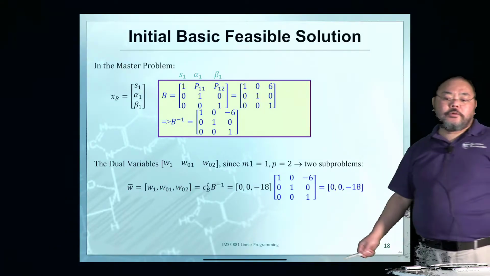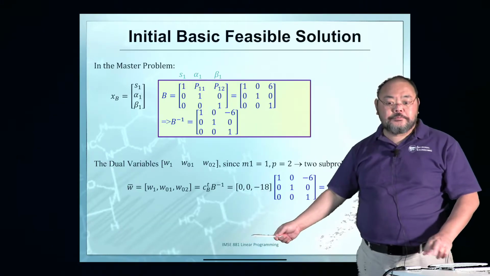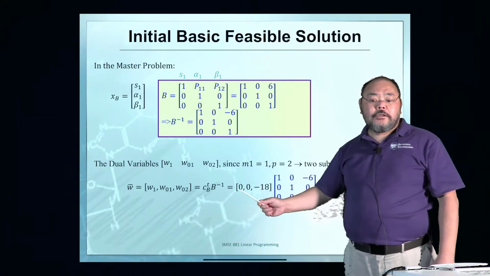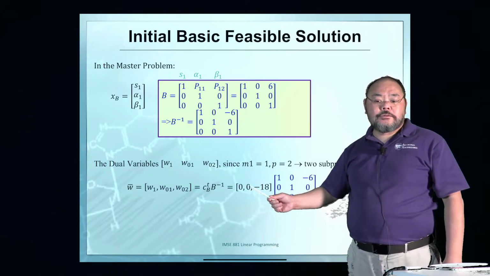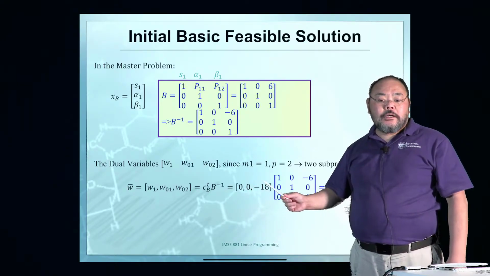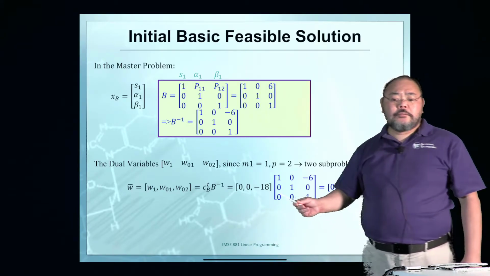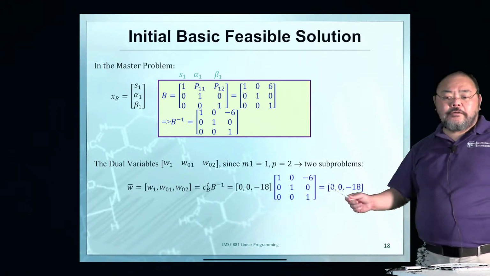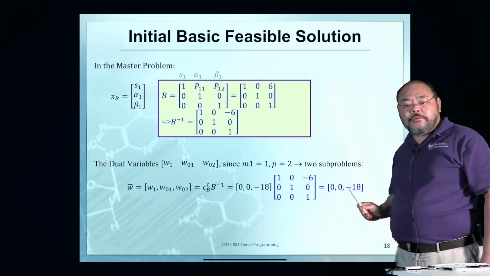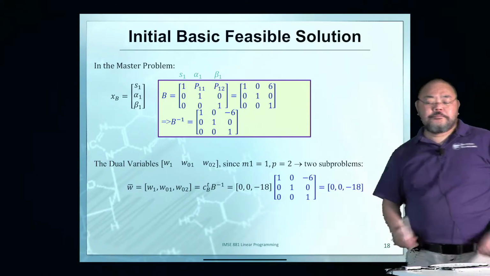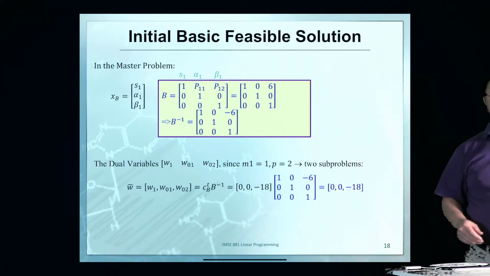The dual variable equals CB transpose times B inverse. CB equals 0, 0, negative 18 for now, times B inverse equals 0, 0, and negative 18. That's fairly straightforward.